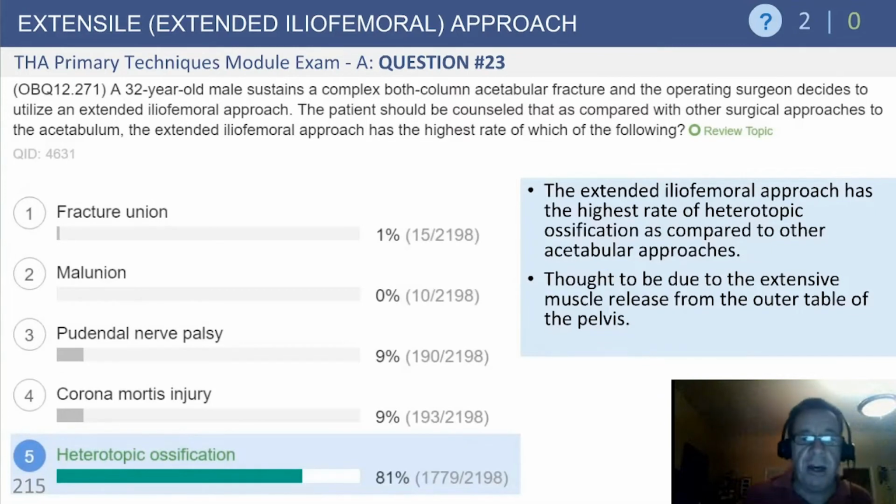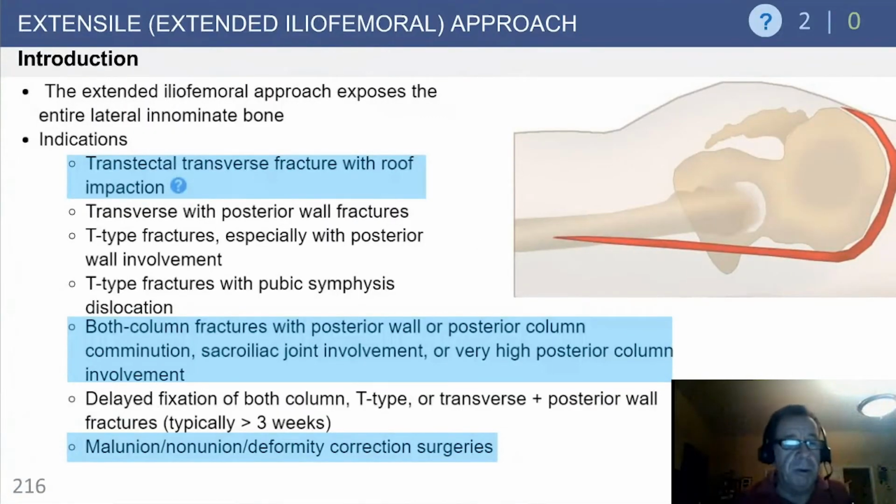And the answer to that is HO. Because of its extensile nature, it essentially has a high rate of HO, and therefore counseling and presumably prophylaxis should be discussed. As you can see, this is a rather extensile approach.